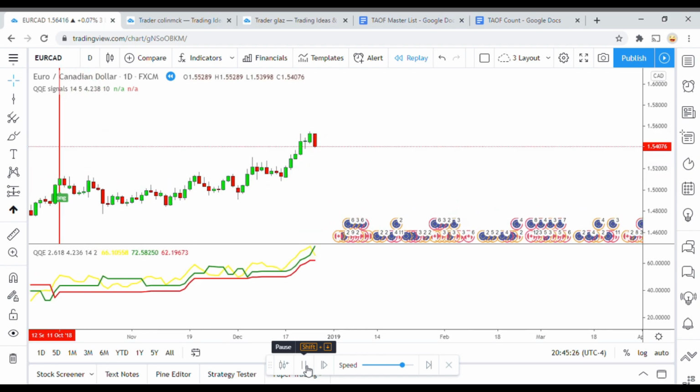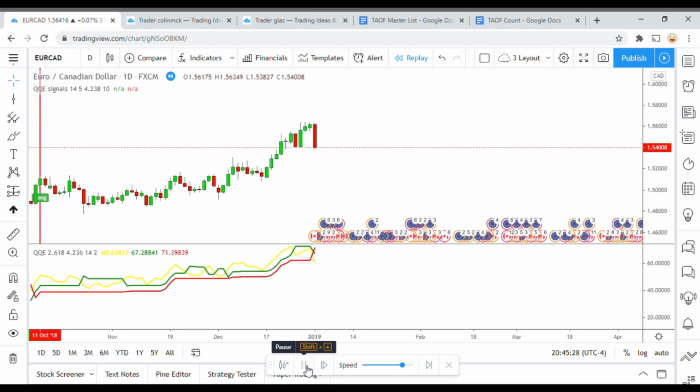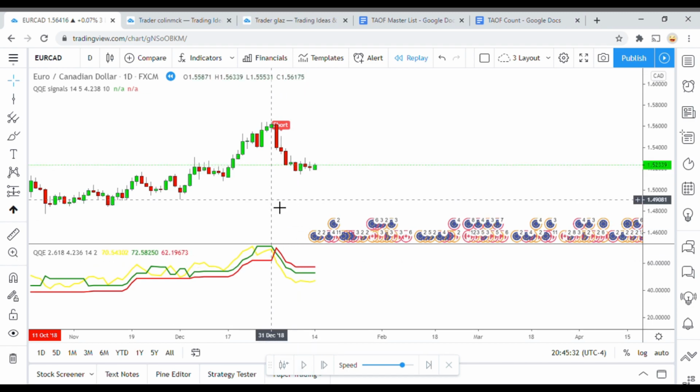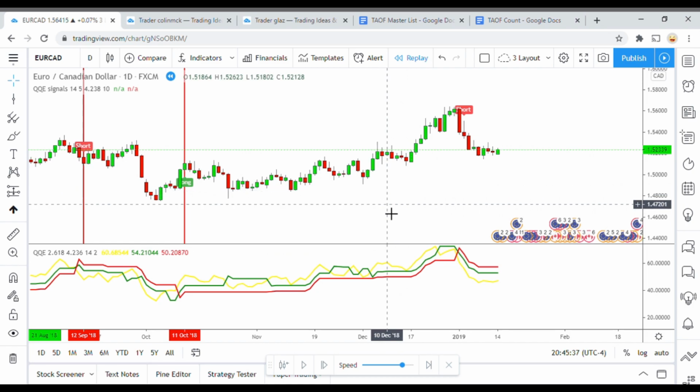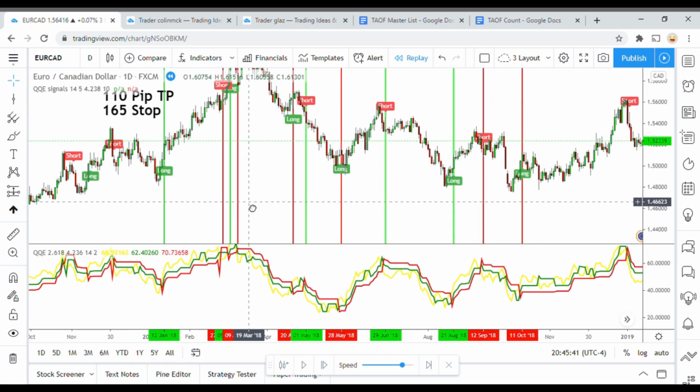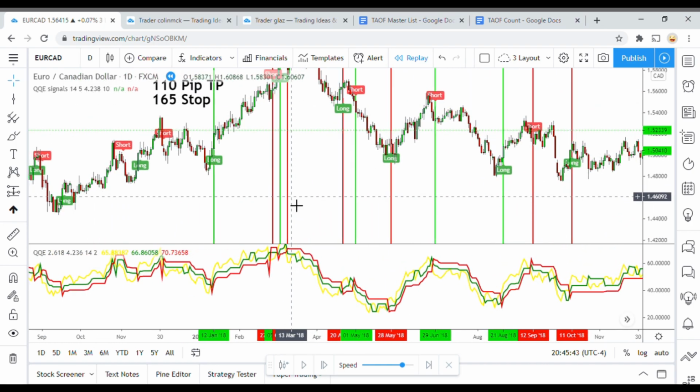It is just plugging along here. There it goes. Finally started to take off to the upside. And, yep, skipped over the year there. So that is the end of the year there.